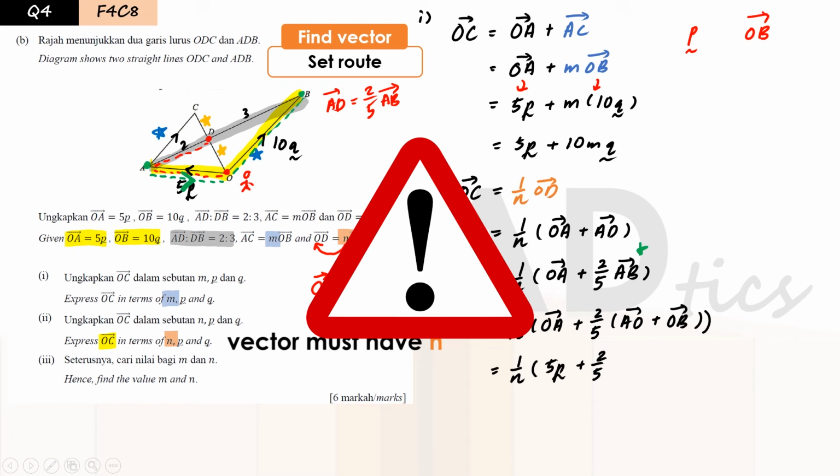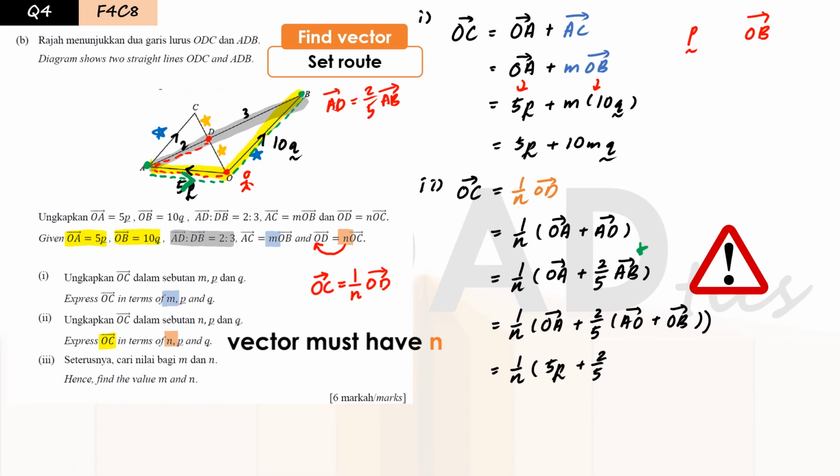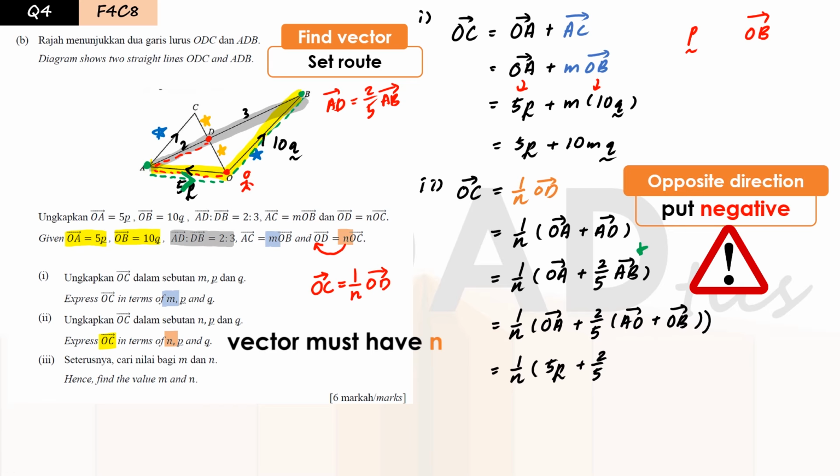Okay, so since it is the opposite direction, we need to add negative to this vector. So we cannot put 5P. Here we need to put negative 5P because it is the opposite direction. Okay, for OB, straightforward because we are going through the same direction, so it's 10Q.